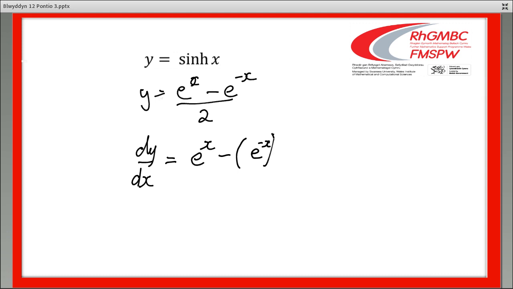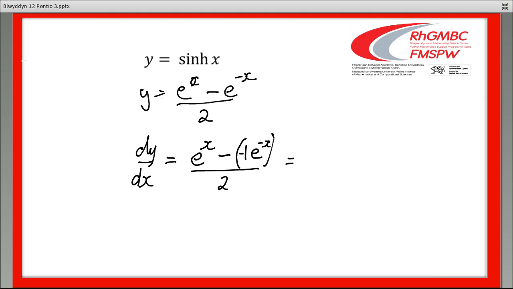And then we step inside that and we say, let's differentiate the power. Let's differentiate minus x. Well, if we differentiate minus x, we get minus 1. That's all divided by 2.